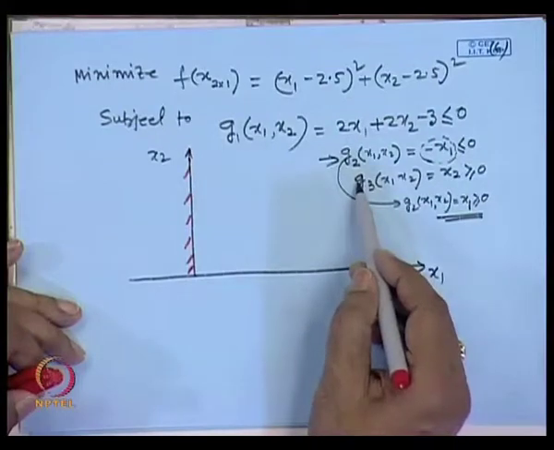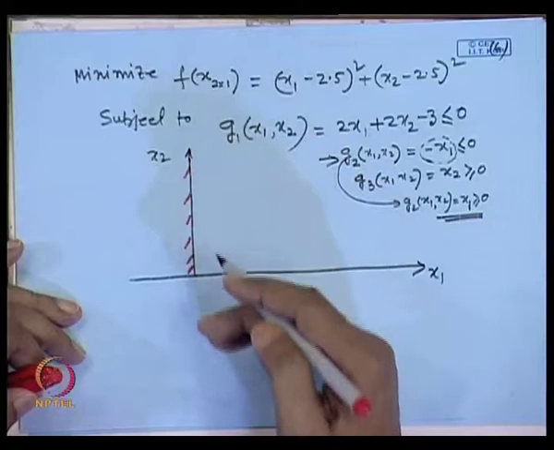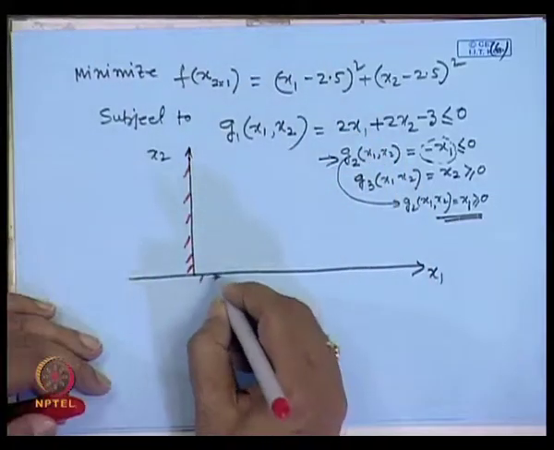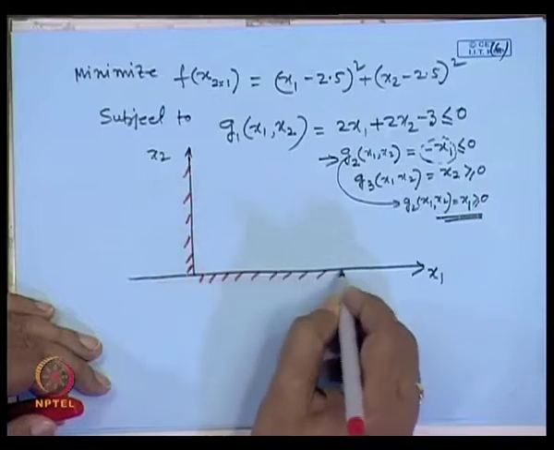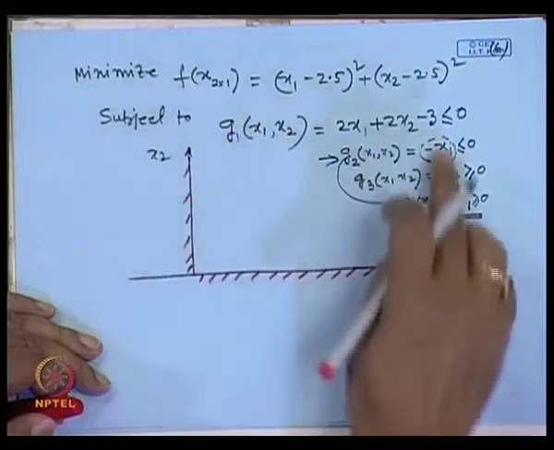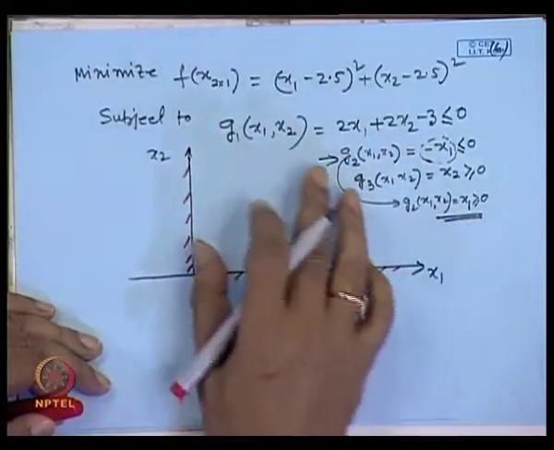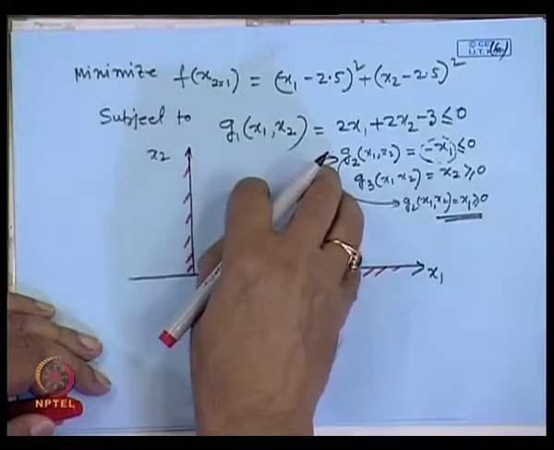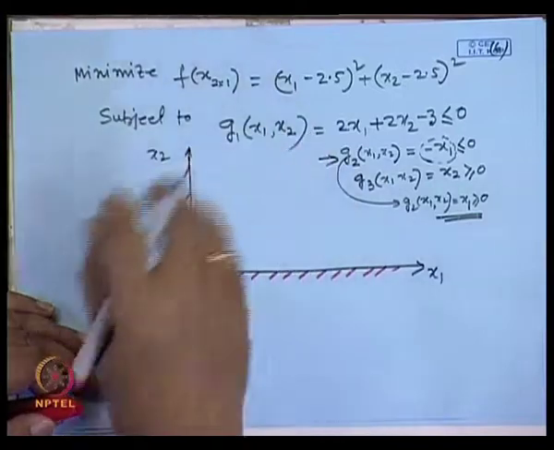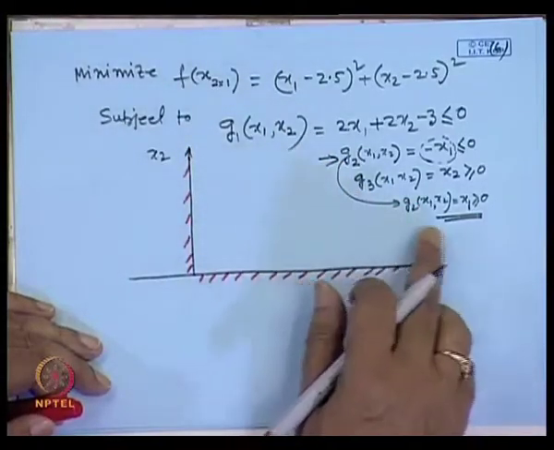The third inequality constraint g 3 means x 2 value is always positive or 0. So, this indicates that region. G 2 and G 3 indicate the first quadrant. Our design variables must lie in the first quadrant from G 2 and G 3.